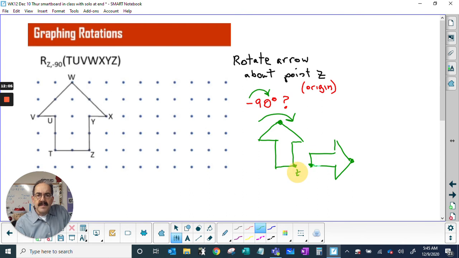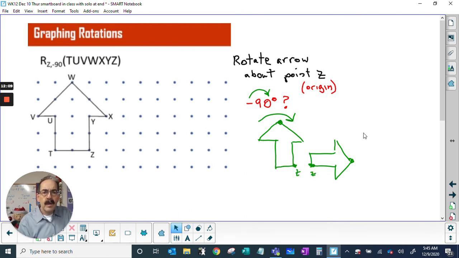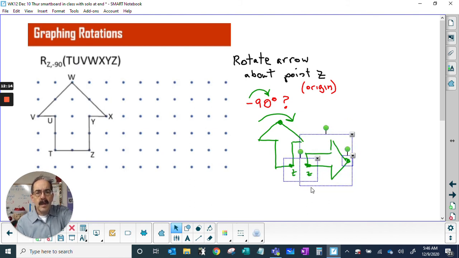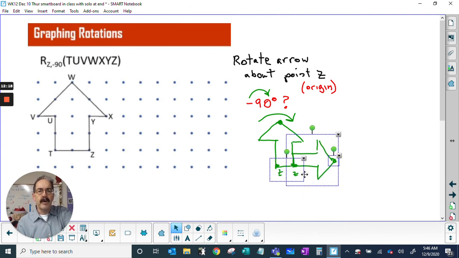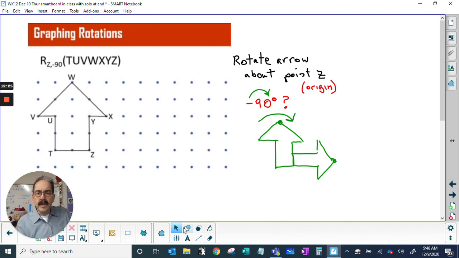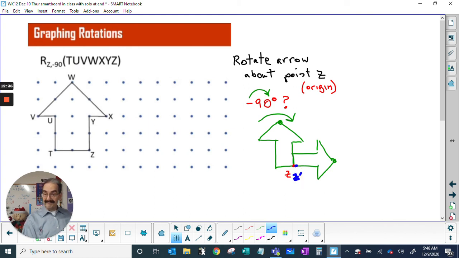Z, Z. I wonder, yeah, I like that. We can just slide it right up there, couldn't we? All right, so then this is Z and Z prime. All right, let's give it a try.